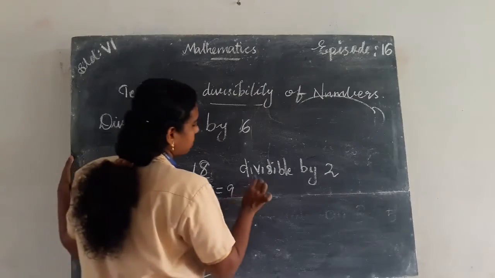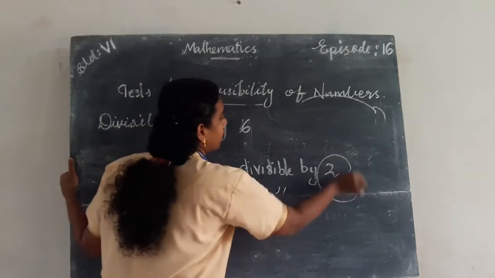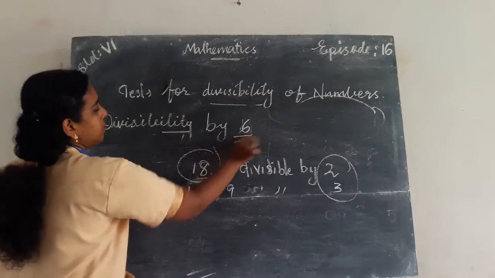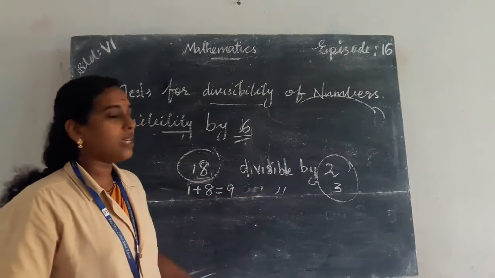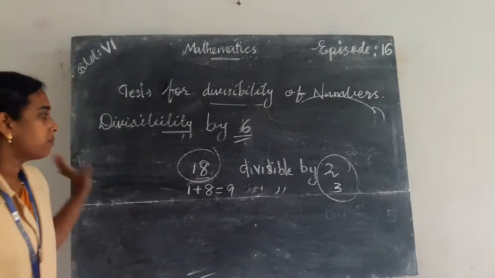So we can say that it is also divisible by 3. So this number is divisible by both 2 and 3, then we can say that the number is also divisible by 6. If a number is divisible by both 2 and 3, then that number is also divisible by 6.